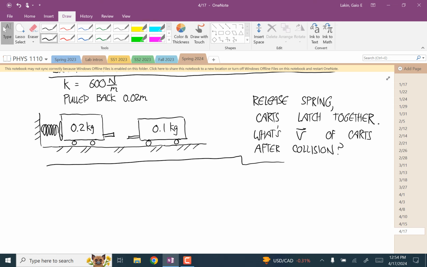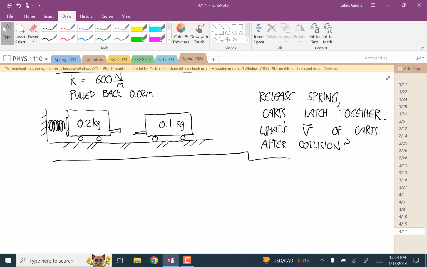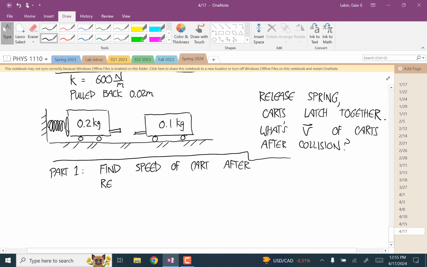So the first thing we're going to do is figure out when we release this spring, how fast the 2 kilogram cart is moving, okay? So part 1 is to find the speed of the cart after it's released.